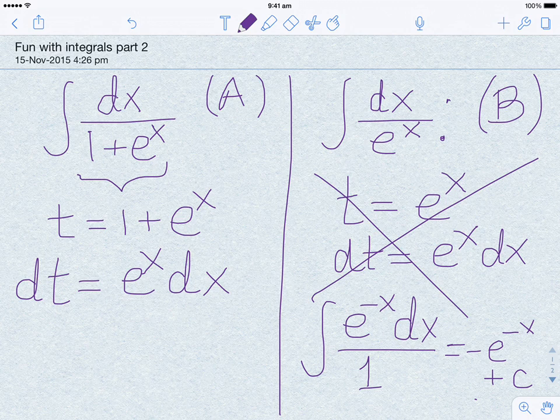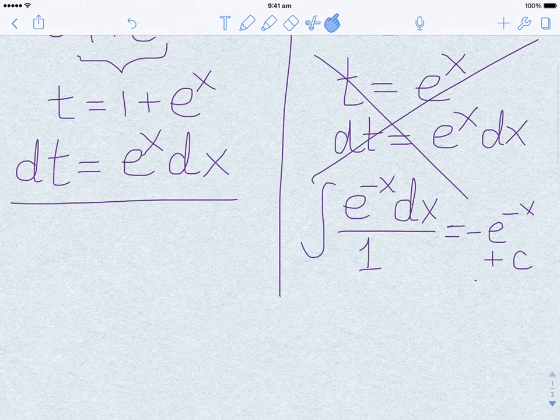Can we apply a similar idea, or this trick of multiplying the numerator and the denominator by e to the power minus x, to the integral a? Let's try this. So suppose we multiply both the numerator as well as the denominator.